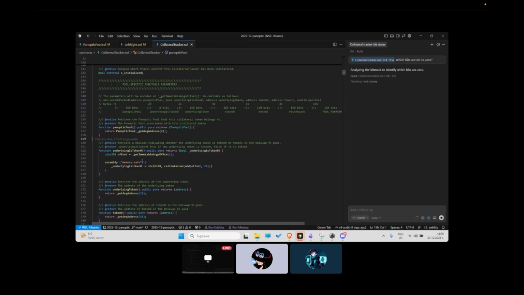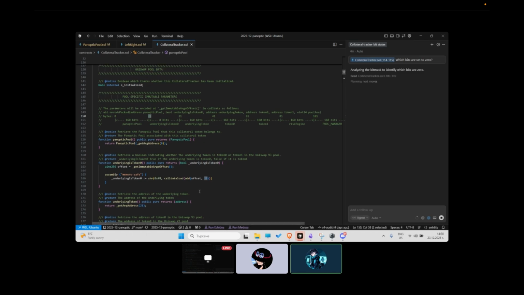The first 160 bits. Do you know why there is a 20 there, now that you know a bit about bits? It's 20 bytes, so 160 bits.